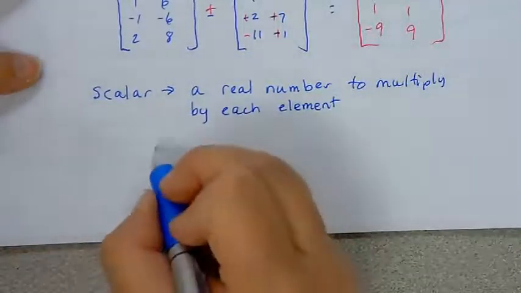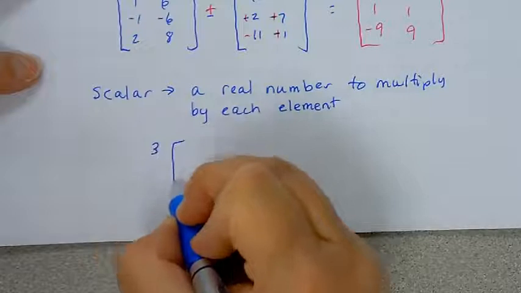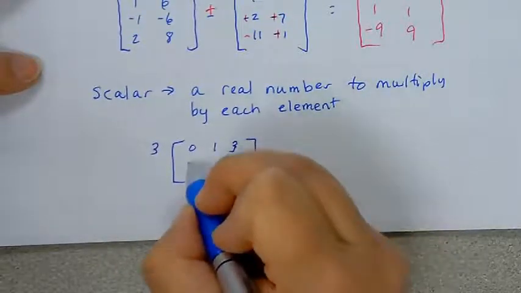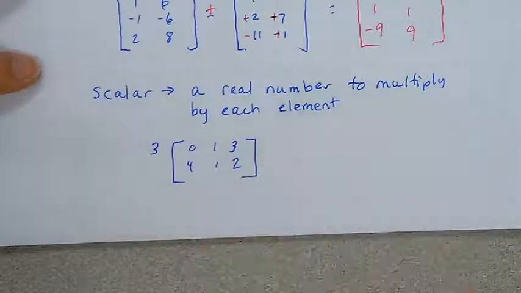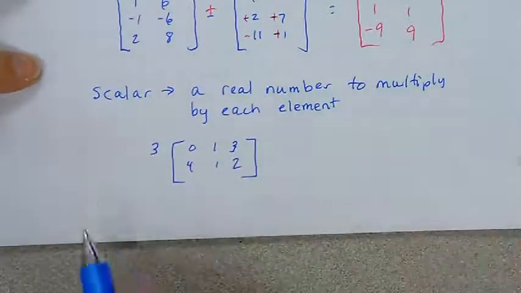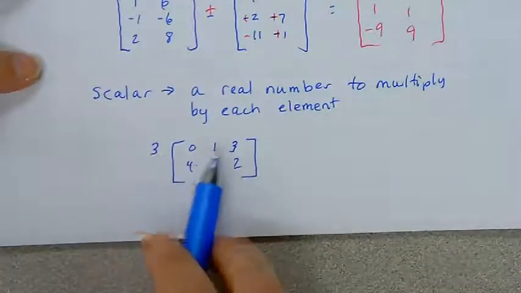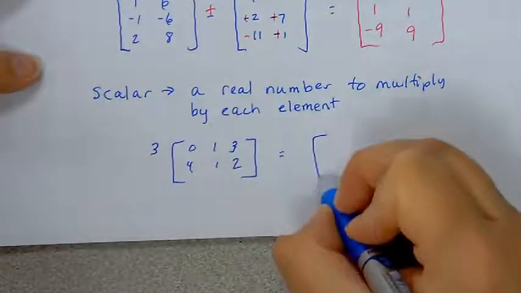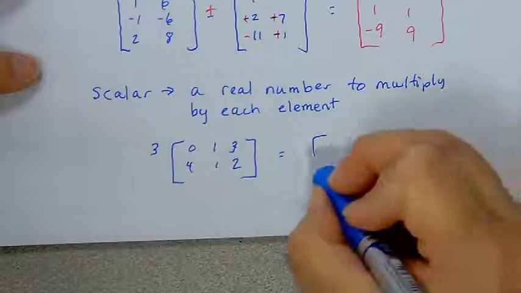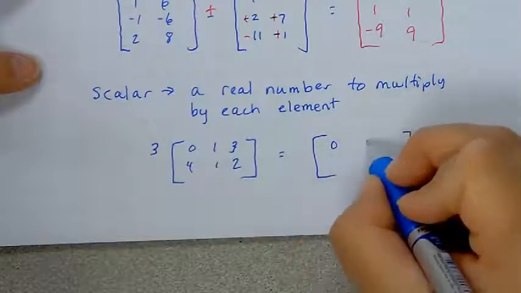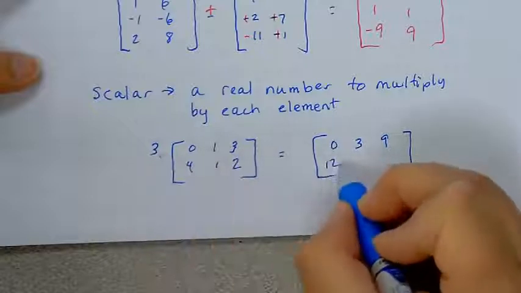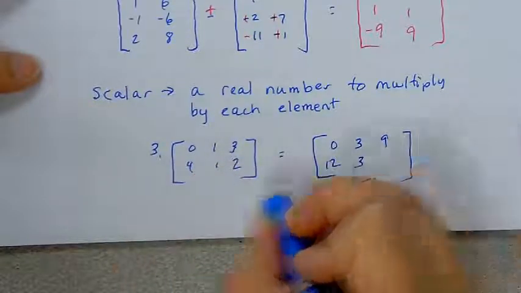So if I had a scalar and a matrix, then when you see a scalar next to a matrix, that means multiply. So we'll just do the distributive property. 3 times 0 is 0, 3 times 1 is 3, 3 times 3 is 9, 3 times 4 is 12, 3 times 1 is 3, and 3 times 2 is 6.